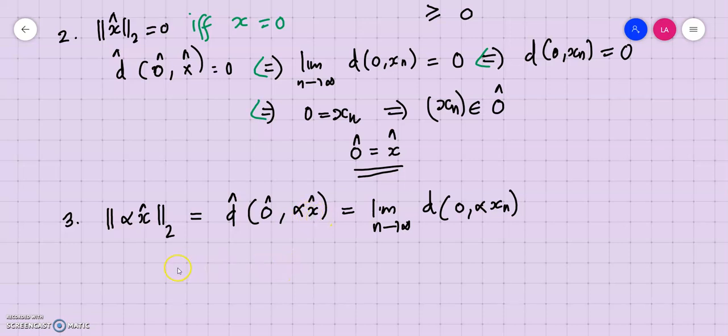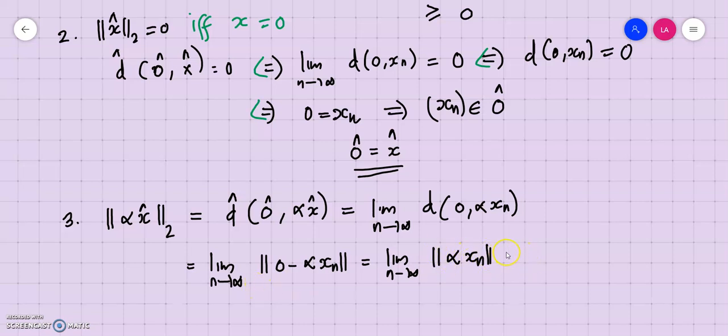Which can be written as limit n tends to infinity norm of 0 minus alpha xn, which is limit n tends to infinity norm of alpha xn.